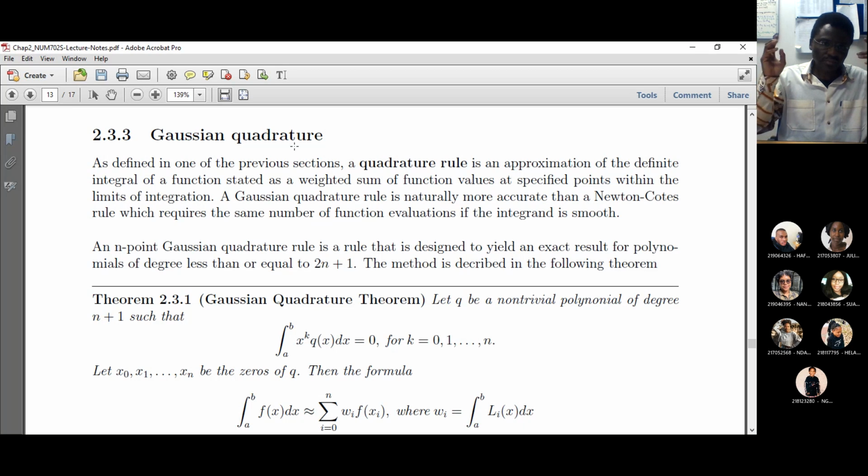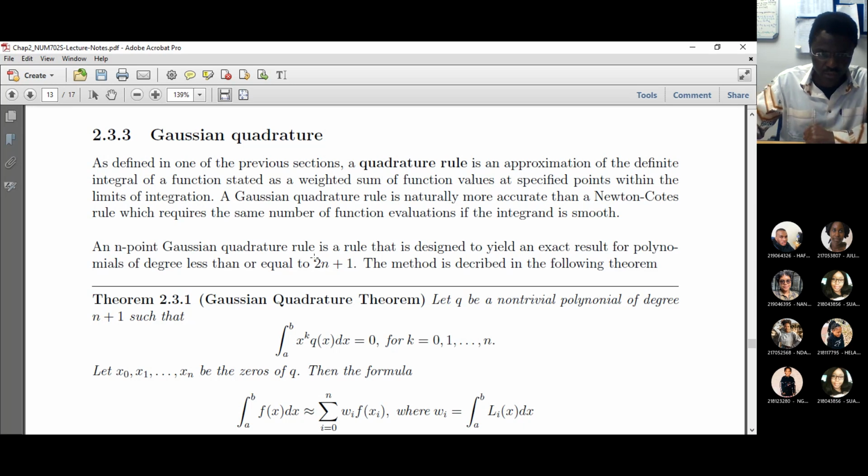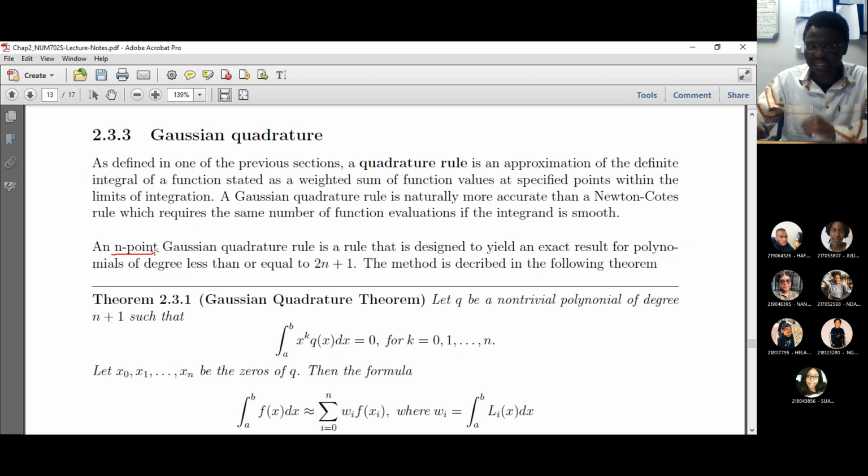So as you will see, even from the statement here, if we have n points for the Gaussian quadrature rule, that is the number of points, it means that we have n-1 sub-intervals. Remember, the total number of points is the number of sub-intervals plus 1, always. If I have 2 points, I have 1 sub-interval. If I have 3 sub-intervals, I have 4 points.